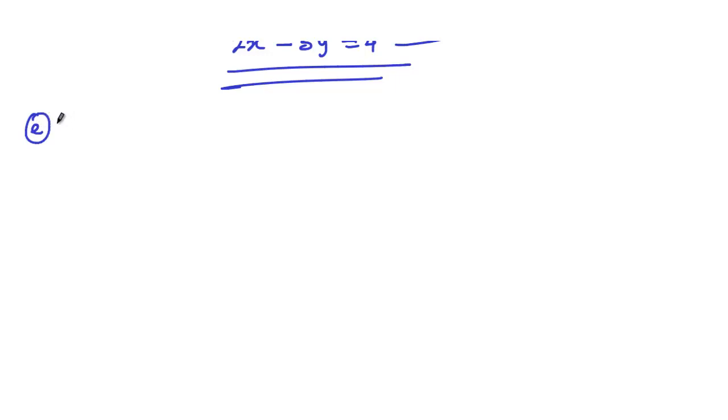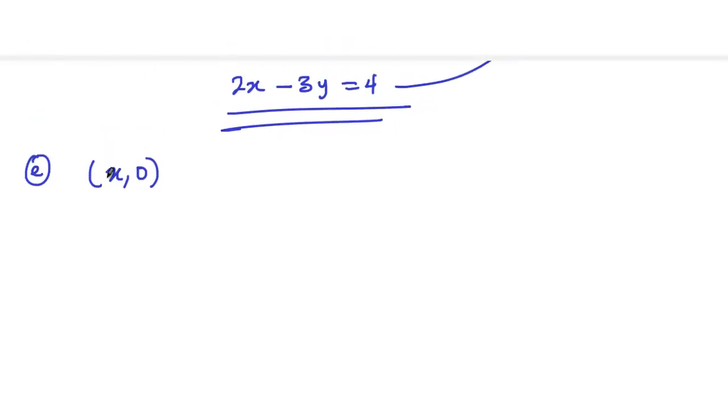What is x-intercept? The x-intercept of a straight line is the value of x when y is equal to 0. That is, we are looking for x comma 0. So let me just pick the standard form we have here, that's the nearest equation to me. So we have 2x minus 3y is equal to 4.